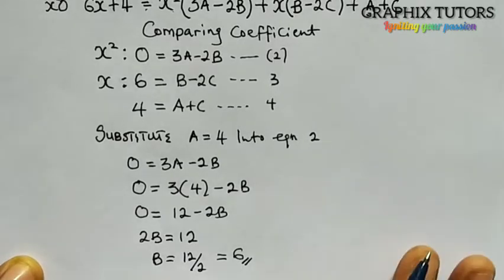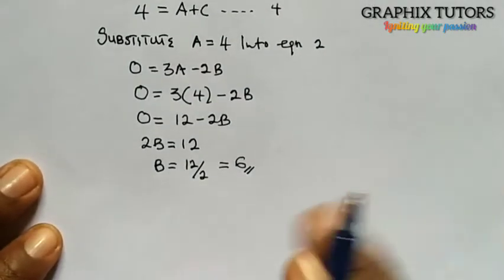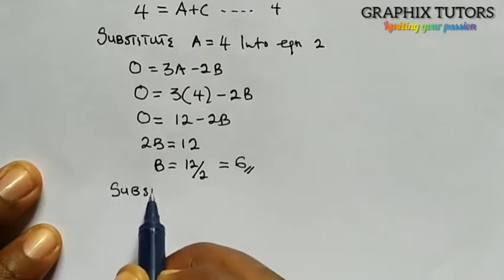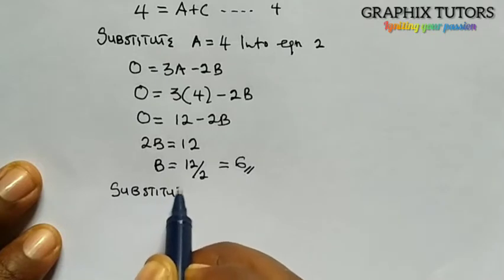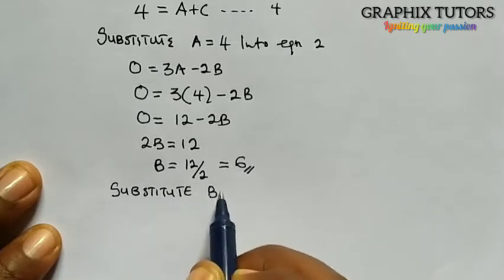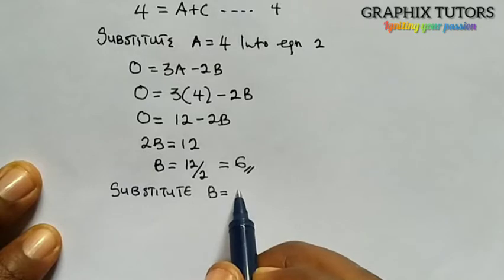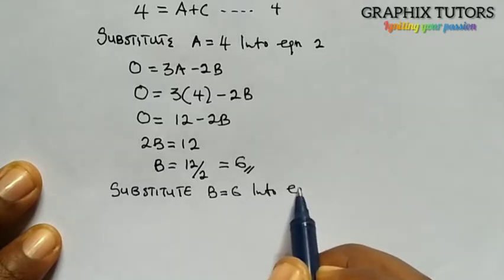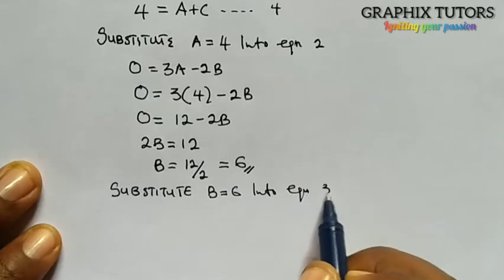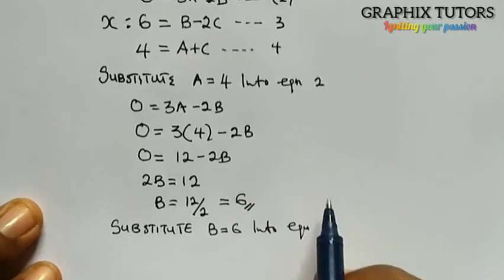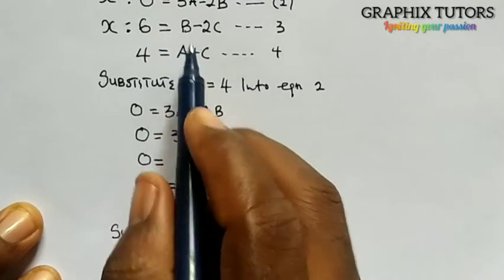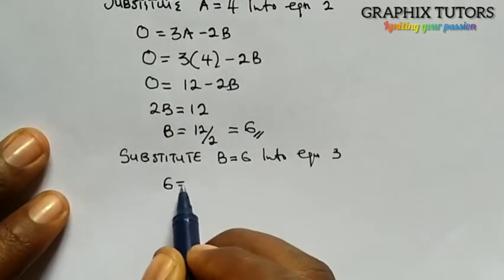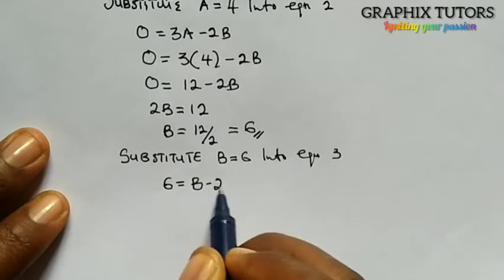Now similarly, we are going to substitute b equals 6 into equation 3. So my equation 3 is 6 is equal to b minus 2c.